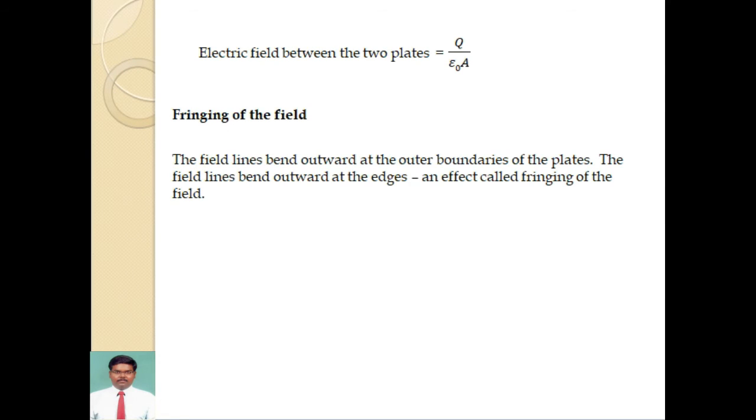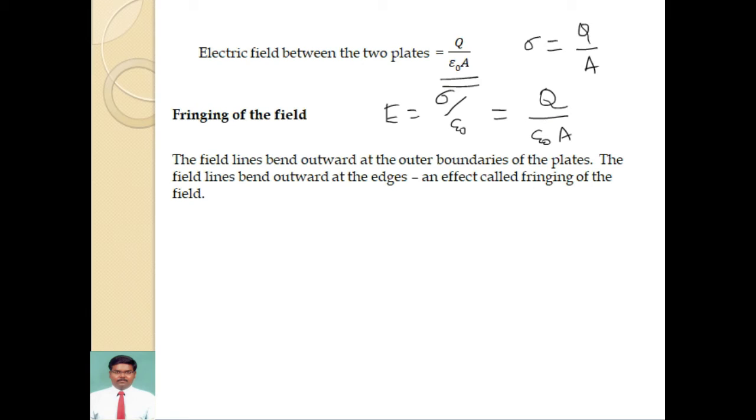The electric field E will be equal to sigma by epsilon naught, where sigma is called the surface charge density, which can be given as charge by area. If I substitute it, I get Q by epsilon naught into A. Okay, this is the expression for the electric field between the two plates.